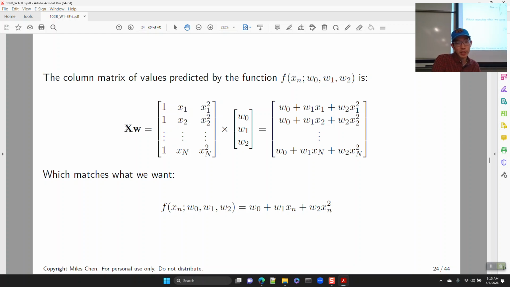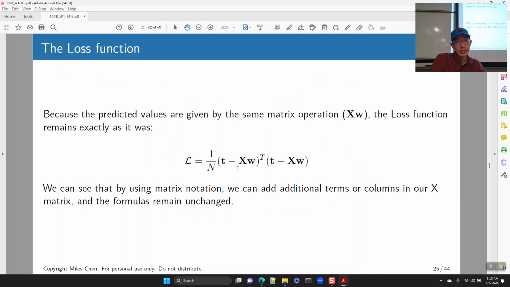It's still going to be X times W. And this still matches exactly what we want, right? X times W gives me all of this. It's the same in terms of matrix notation. It's exactly the same, even though I'm adding a third column. And therefore, the loss function is exactly the same: T minus XW transpose times T minus XW.